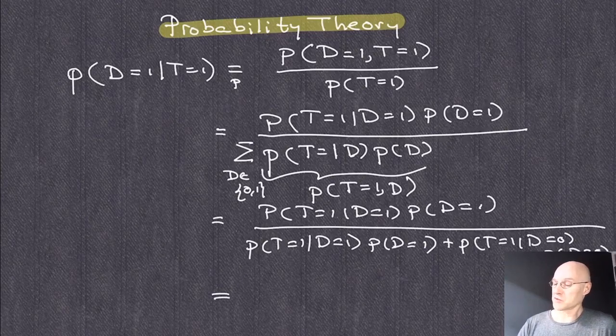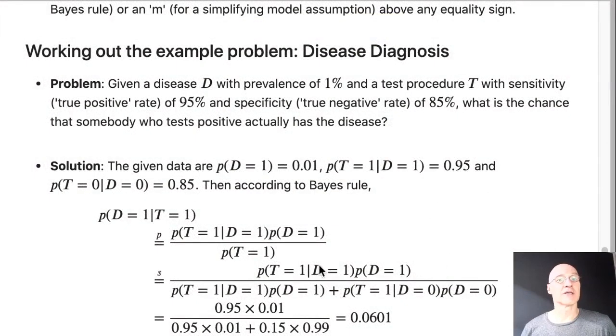And now we just fill in the numbers. I'm going back to the lecture notes, because as you can see, this is the same as what I have here. And these are all known, right? p(t=1 | d=1) was 0.95, p(d=1) was 0.01, and so forth. So I fill this in.